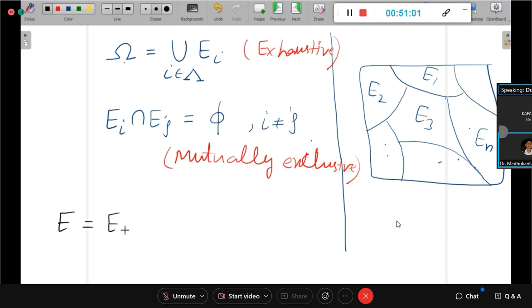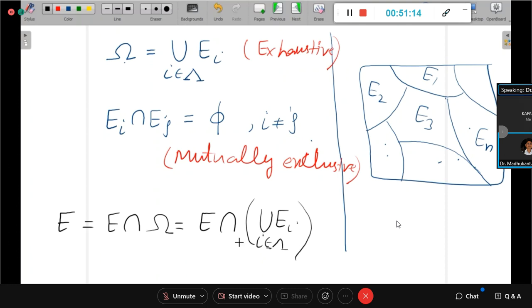Now you have event E. You can write event E as E intersection with the whole sample space omega. It's very simple to prove this result. E intersection omega is nothing but E intersection with the union of E_i.